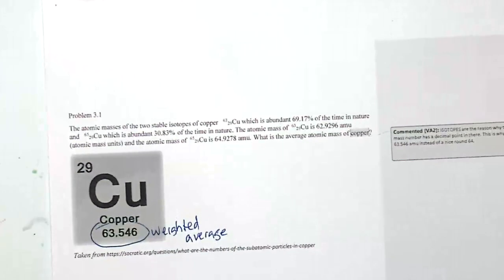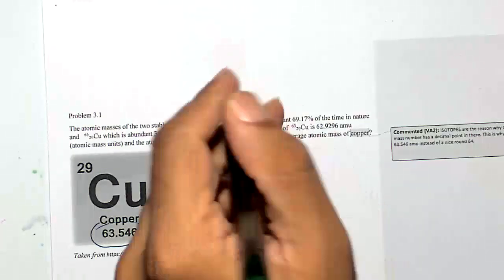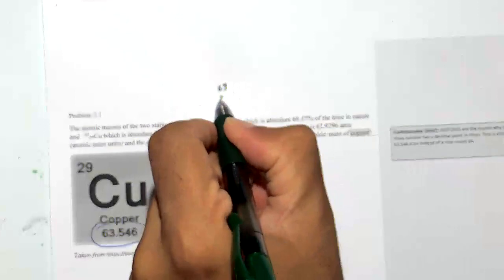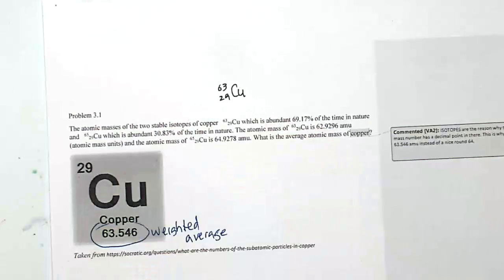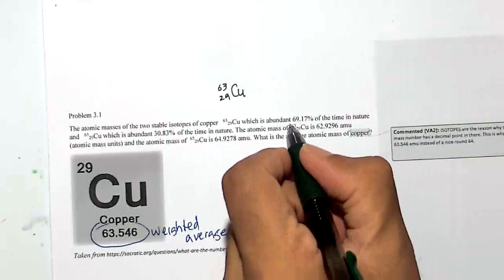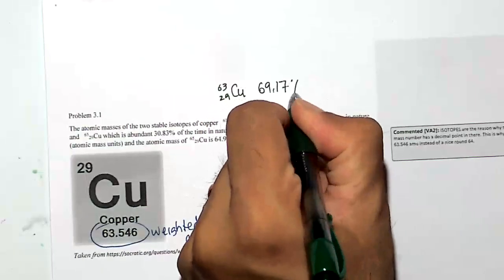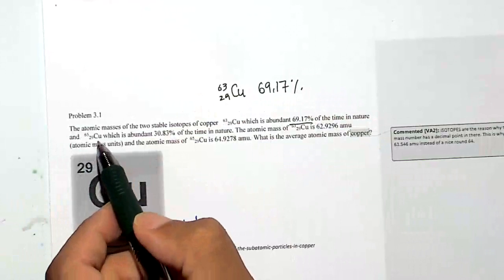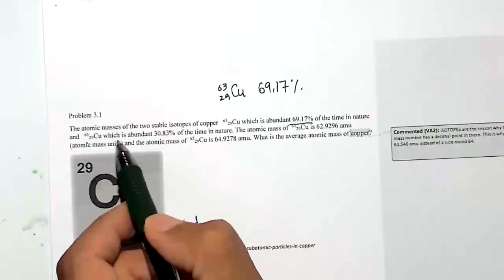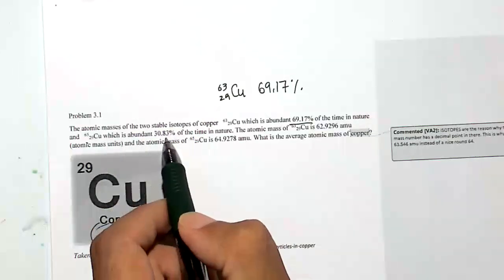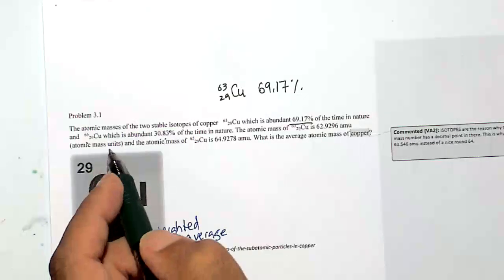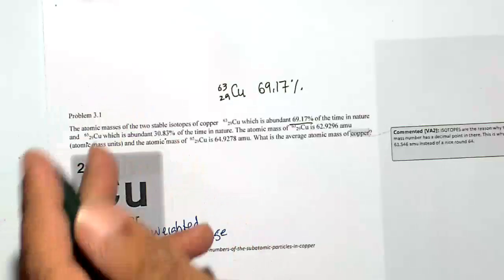So, the atomic mass of two stable isotopes of copper: we have copper-63, which is 69.17% natural abundance, and then there's copper-65, which is 30.83% natural abundance.